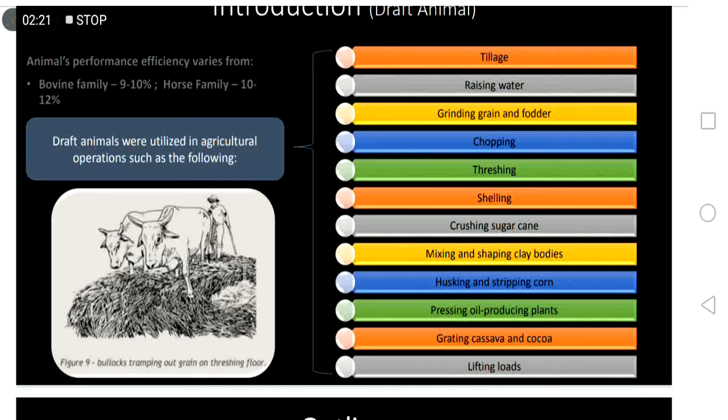The picture here is an example of utilizing a draft animal for a threshing operation. They allow the animal to trample the rice stalks with grain in order for the paddy to separate from the straw. So the draft animal tramples this bulk of grains there.